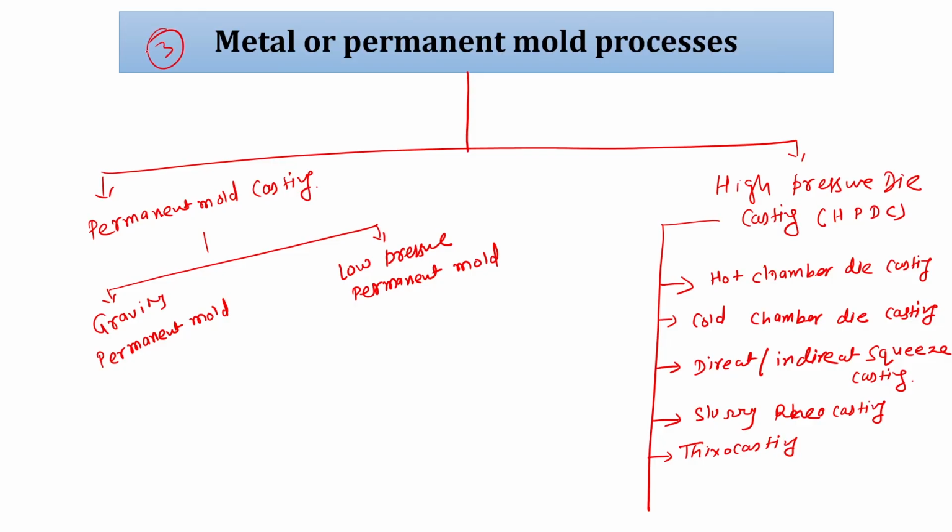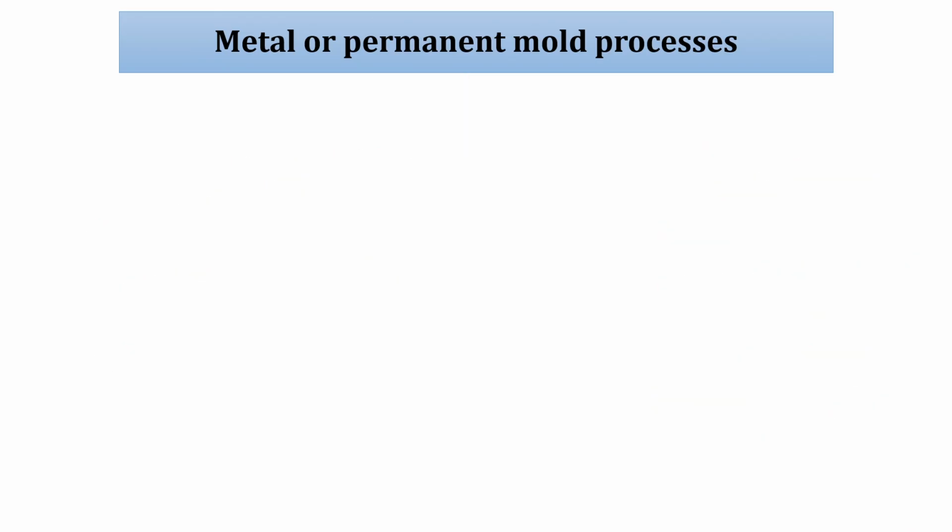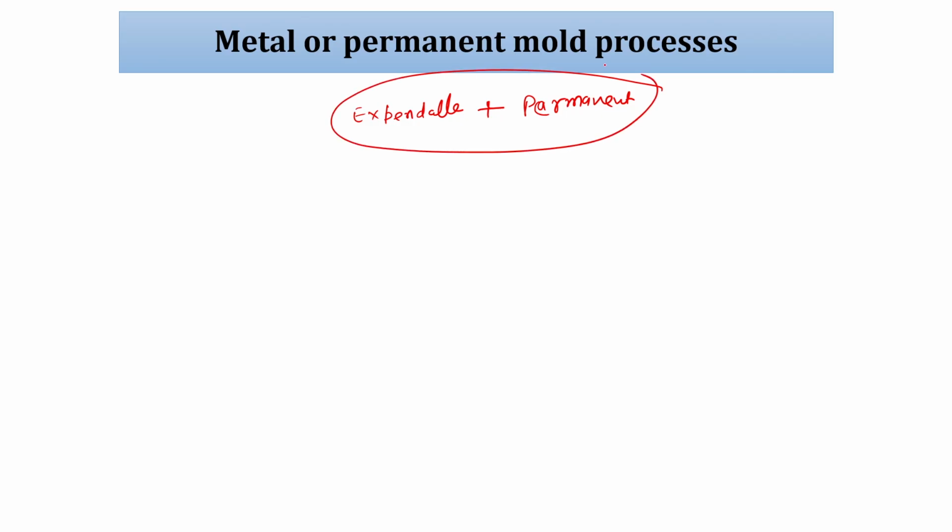So this is the third category. So the whole of casting can be divided into three parts. And another category, which is a merger of both expendable plus permanent, is called centrifugal casting.